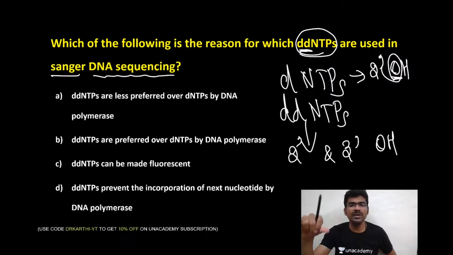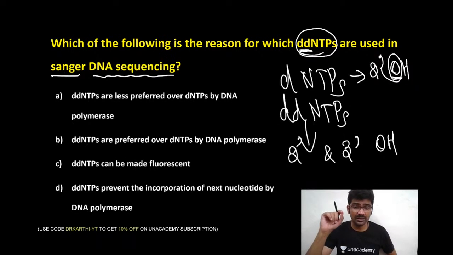Now I guess you will be able to answer this question easily. So ddNTPs do not contain the 2' and 3' hydroxyl group. Now answer this. So both are absent. Now you can understand why they are used in Sanger DNA sequencing.